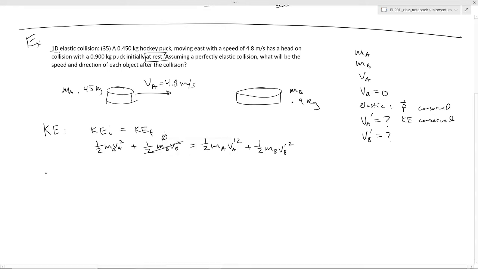Let's look at our momentum conservation. So the sum of the initial momentum is going to have to equal the sum of the final momentum.